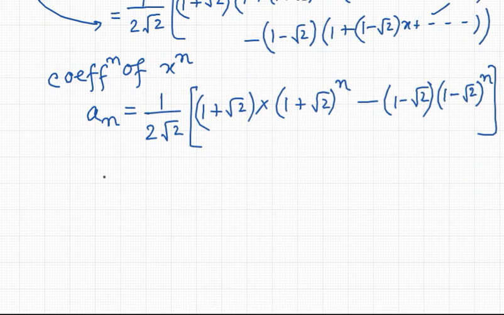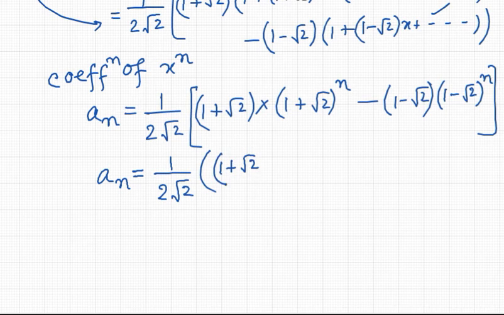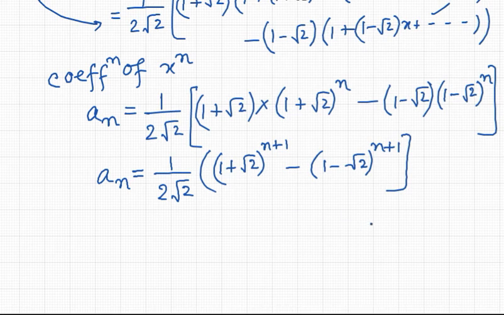So we have got the structure of an. So an is nothing but 1 by 2 root 2 into [(1 plus root 2) to the power n plus 1 minus (1 minus root 2) to the power n plus 1]. So this is the structure of an.